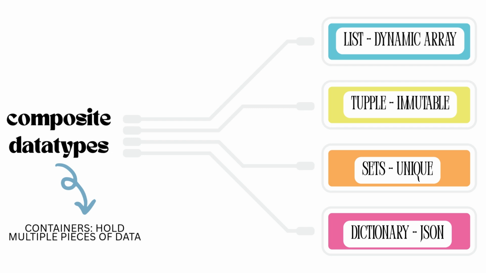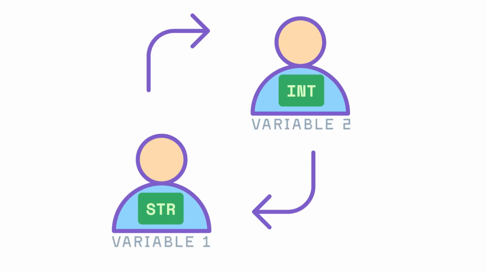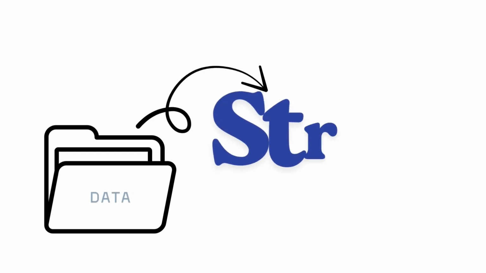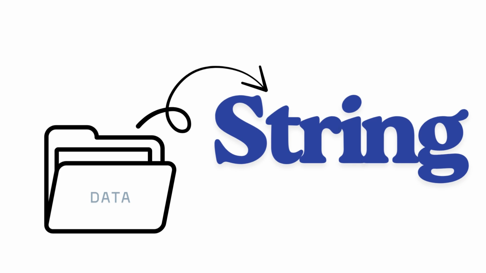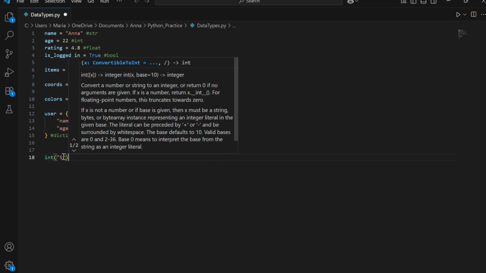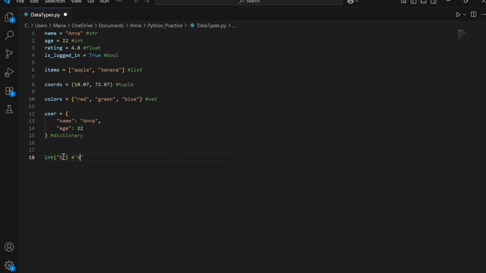Next, let's see how to create a variable and then change its type. When data comes from a file or user input, it's usually in a string format, even if it looks like a number. So if you print int("5"), it will convert your string into an integer format.